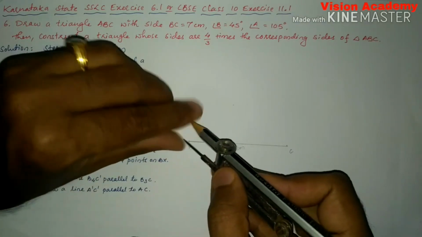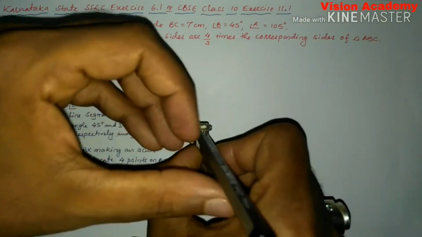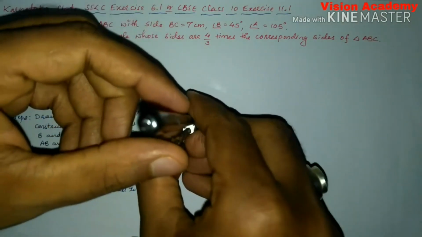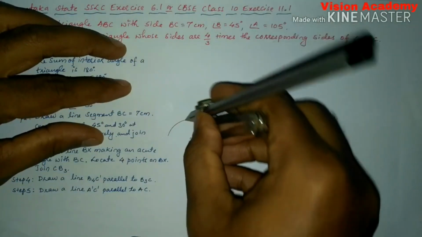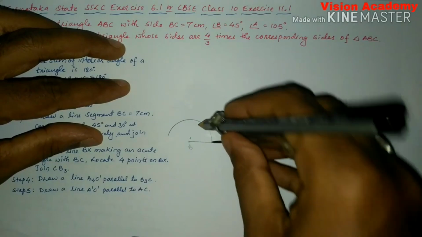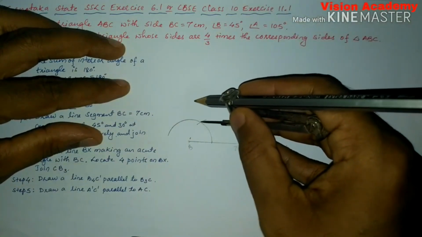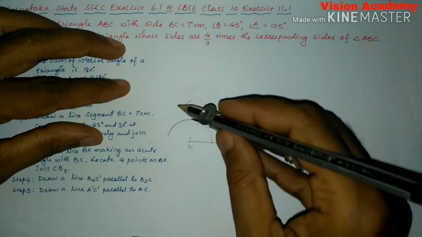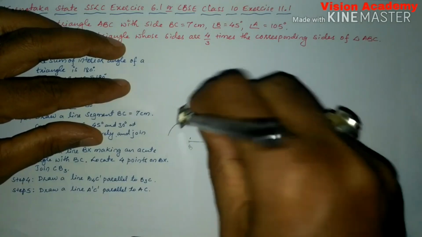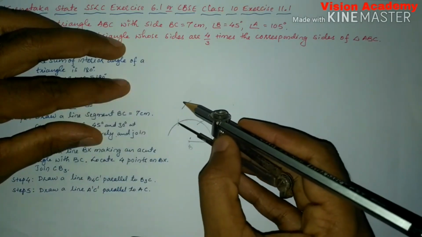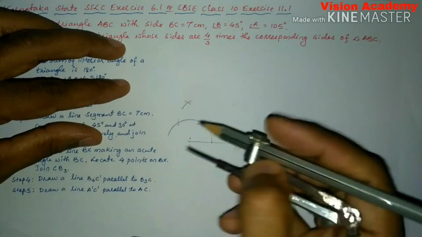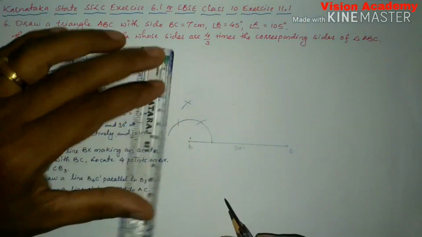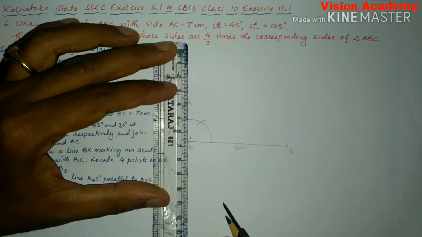Here we will draw an arc, keeping on this point I'm going to cut here and here, and then keeping on these points I'm going to cut again. Through the intersected point we draw a line that gives me 90 degrees.